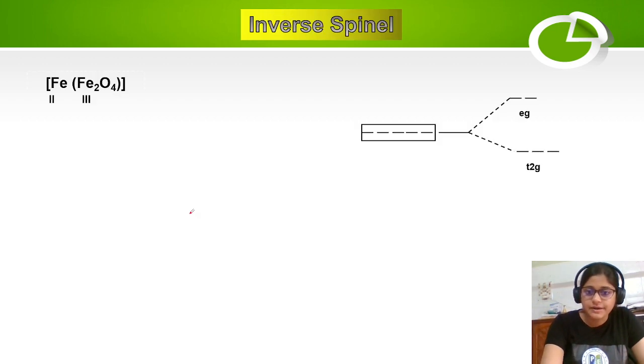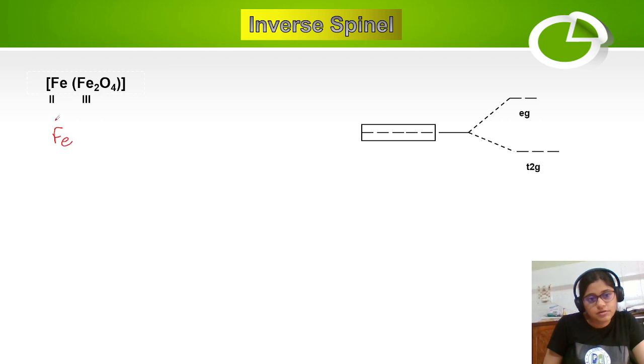Okay, here, for the case of Fe2+, we don't know whether it is inverse or normal, right? We have just taken the general formula for spinel. This is the general formula: 2+ should be in tetrahedral void and 3+ should be in octahedral. When it is inverse, that time it is called inverse spinel. So it is the general formula of spinel only. So Fe2+ in octahedral, let's say I am calculating.